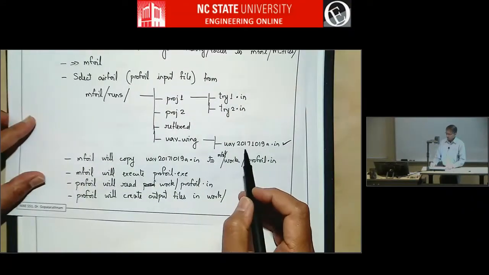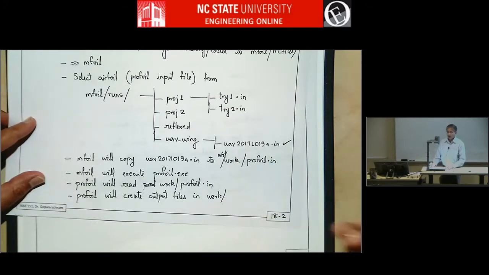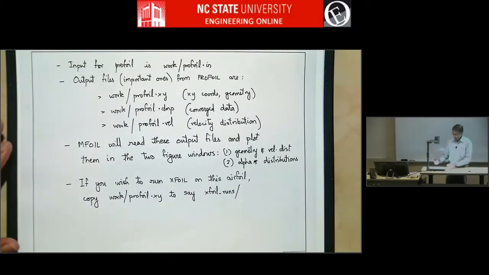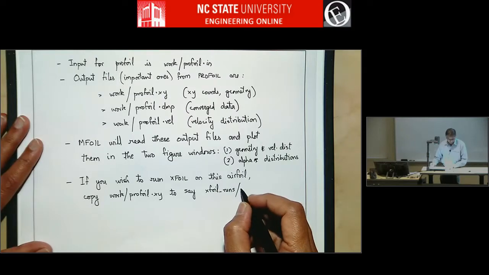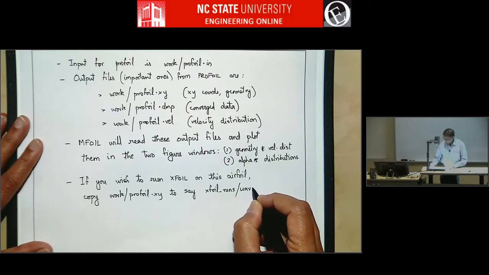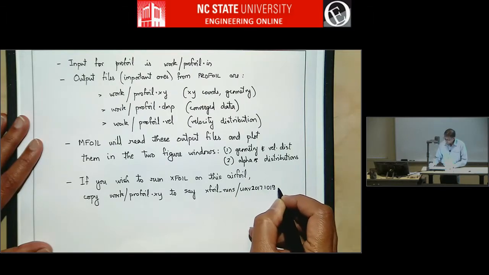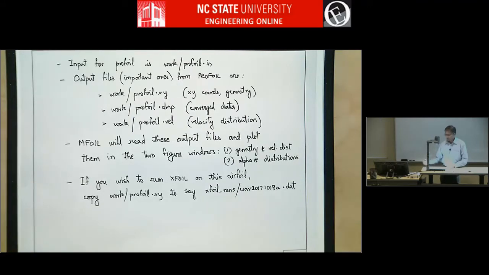Your profile input file was called UAV 2017-1019A.in, and that's the airfoil that you're running in Xfoil, right? So you would probably copy this into something like UAV 2017-1019A.dat, or some, you know, it's up to you.